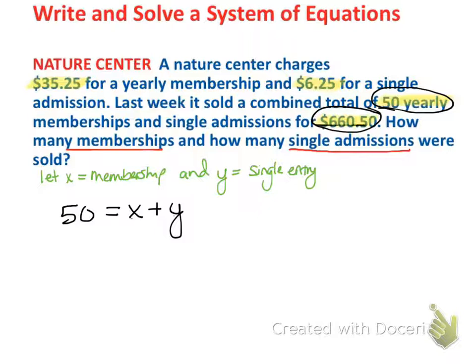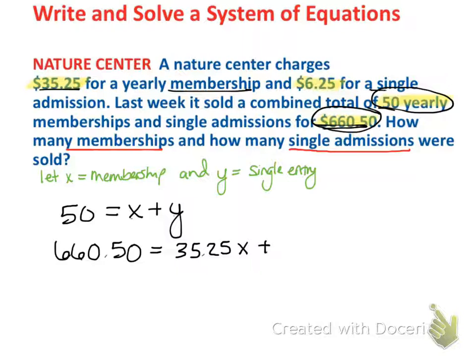Now the other one, that 660.50, has to do with the amount that each one cost. Memberships are $35.25 per, so multiply by the total number of memberships, plus the singles are $6.25 times the number of single entries.